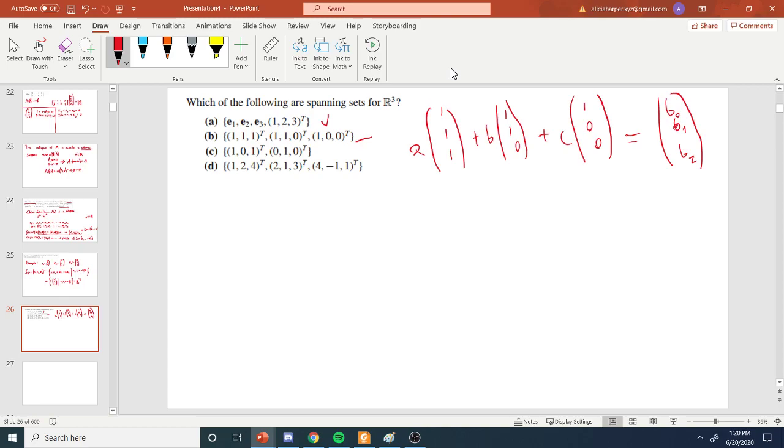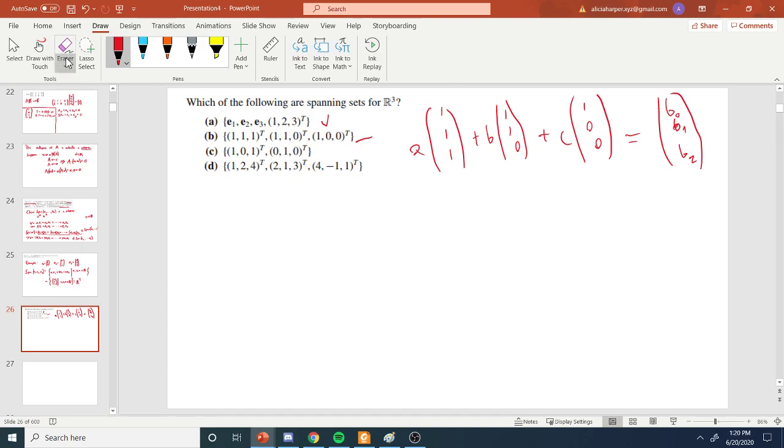We want to know which vectors b0, b1, b2 are accessible. And this will be a spanning set for R3 precisely when any vector, for any choice of b here, can be written in terms of choices a, b, c here.